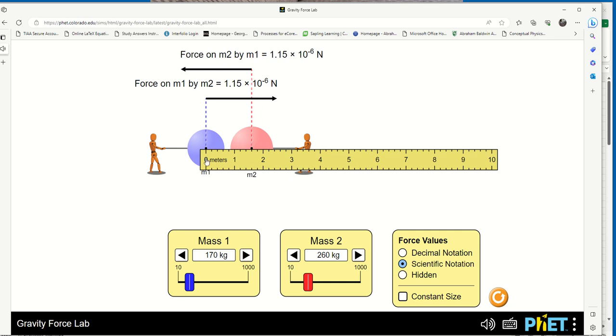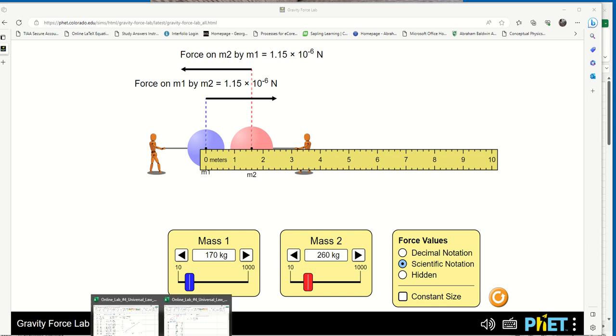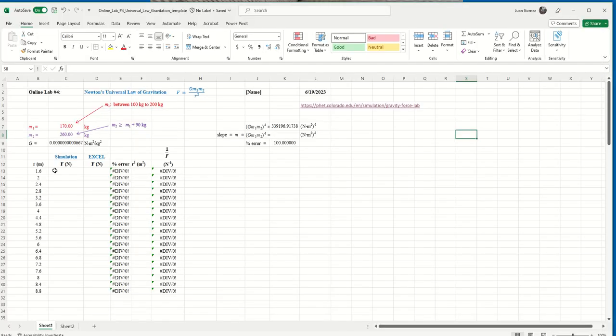Notice the ruler is divided up into units of 0.2. So here's 1, 1.2, 1.4, 1.6, 1.8, 2, 2.2, 2.4, 2.6, 2.8. You get the idea. And the first value you want to start at is 1.6.